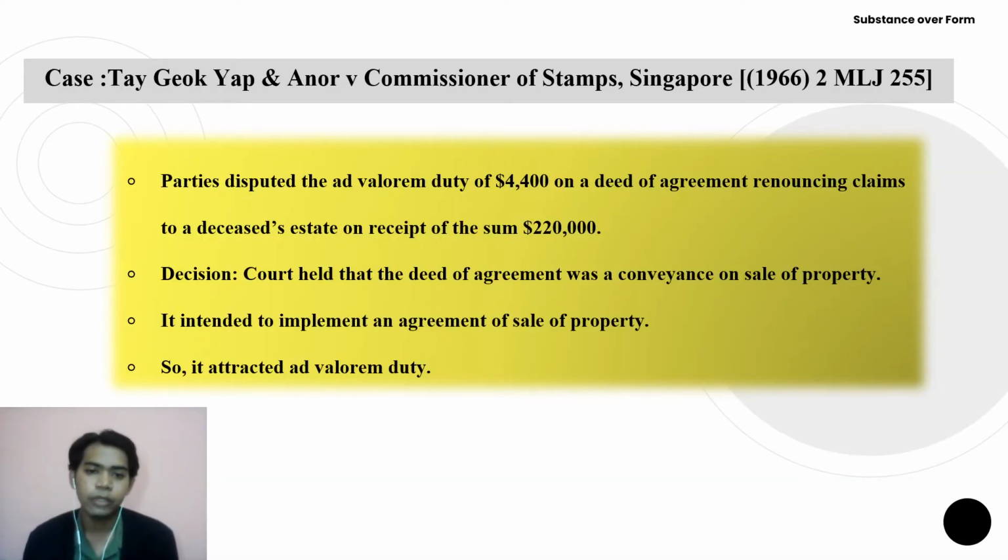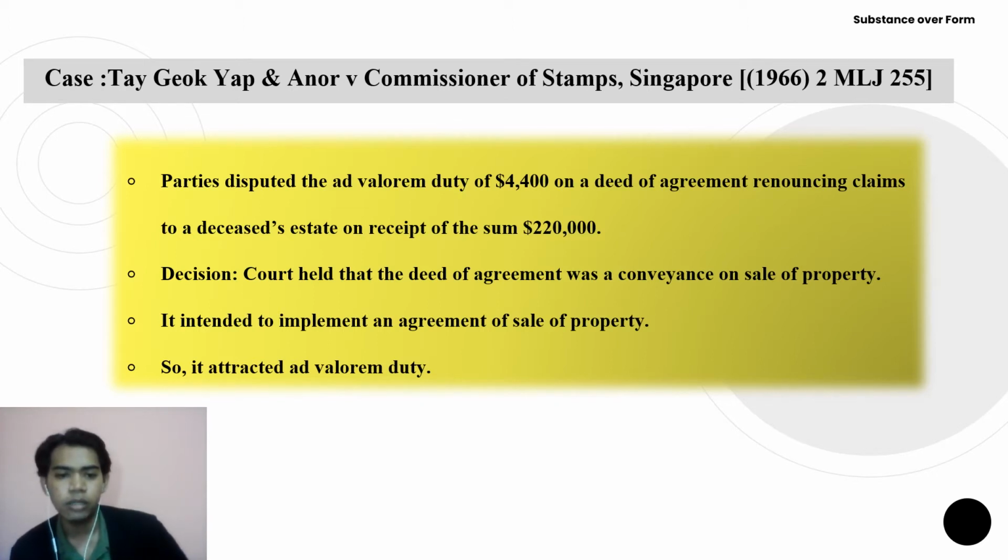The case of Thiveya and Anna versus Commissioner of Stamp Duties Singapore 1966. This case is about a claim made by the lawful widows of the deceased. The parties disputed the ad valorem duty of 4,400 on a deed of agreement renouncing claims to the deceased's estate on receipt of a sum of 220,000.